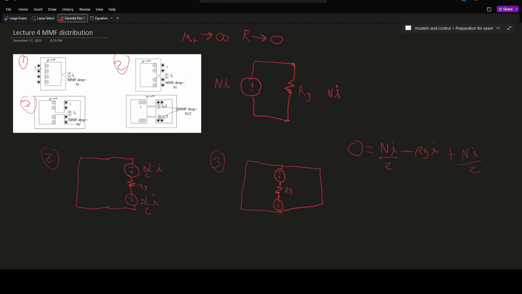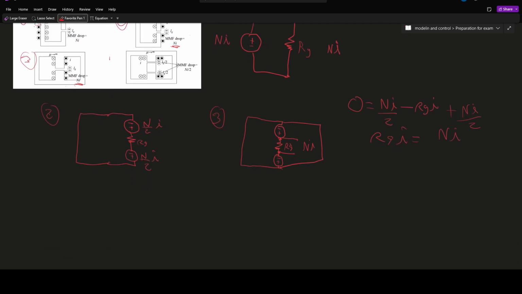So the drop in our reluctance Rg is just gonna be Ni. So the drop here is just Ni, and this is what we are seeing here, Ni and Ni.